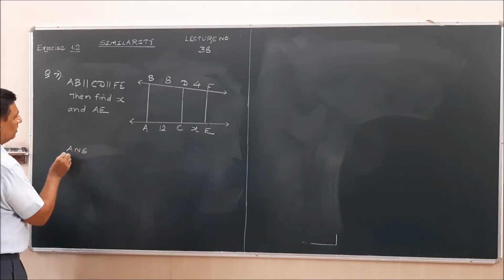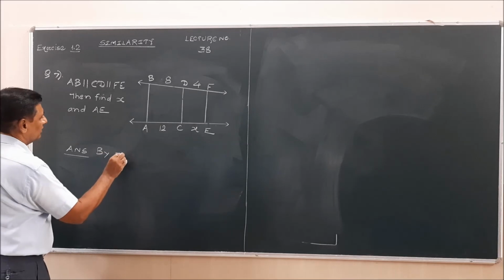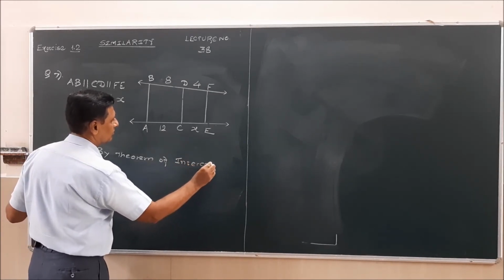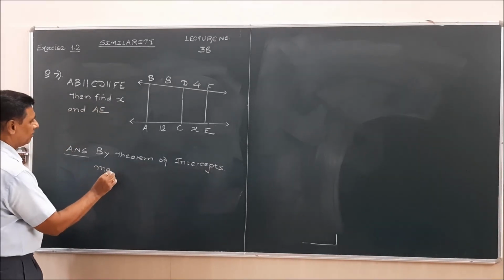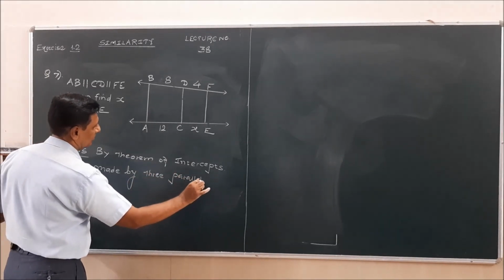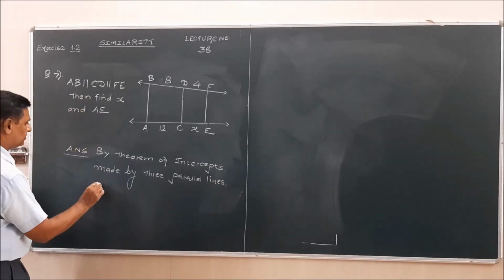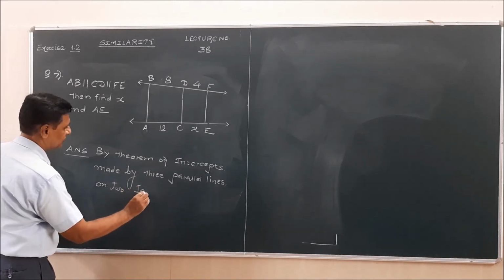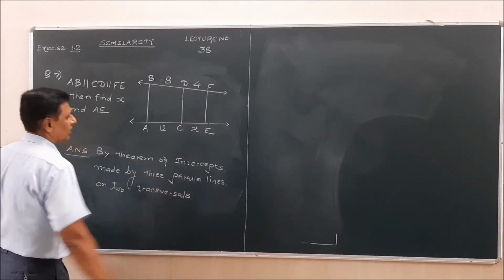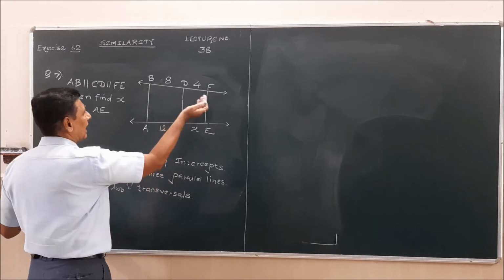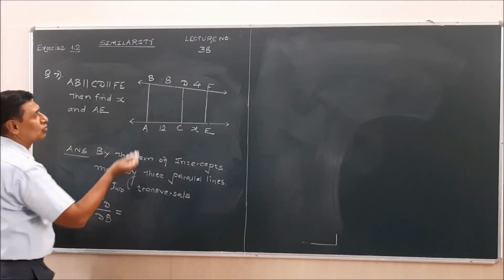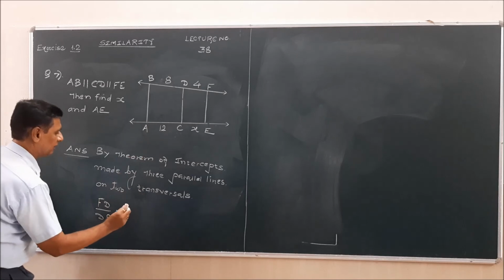So, by the theorem of intercepts made by three parallel lines on two transversals, now very simple: FD upon DB is equal to EC upon CA.